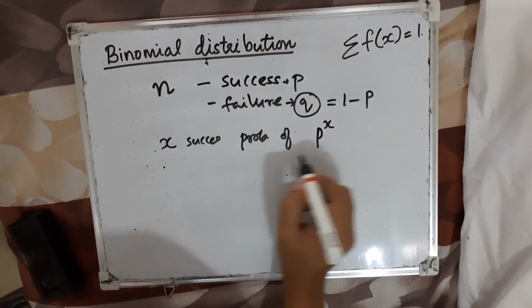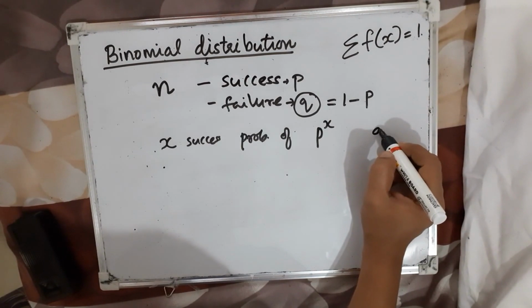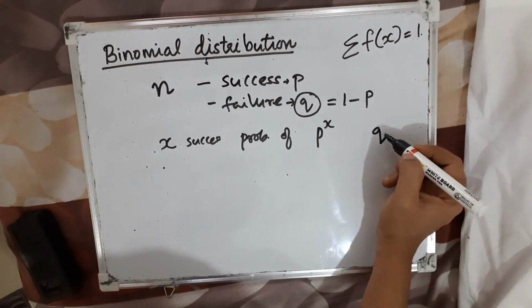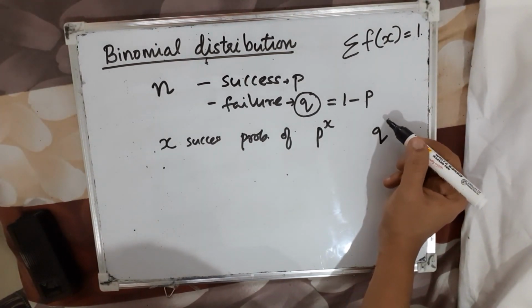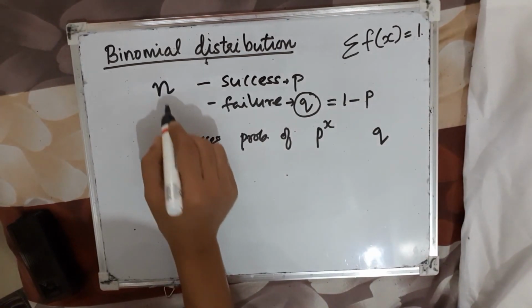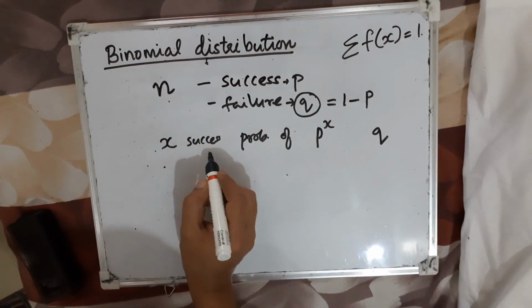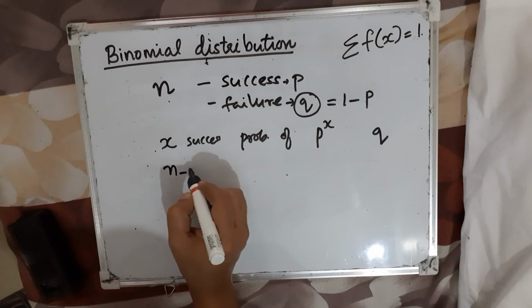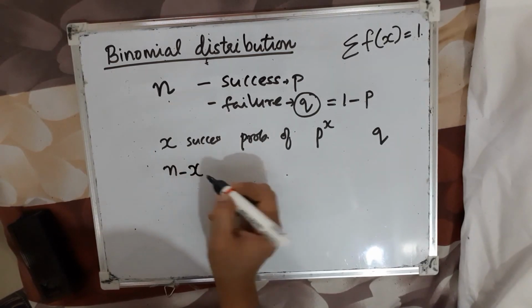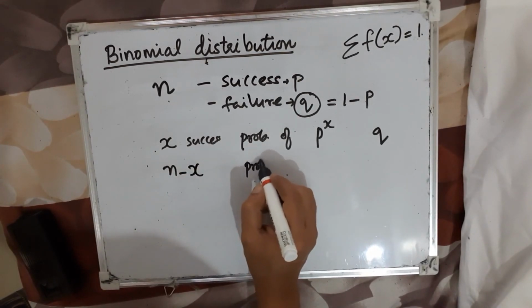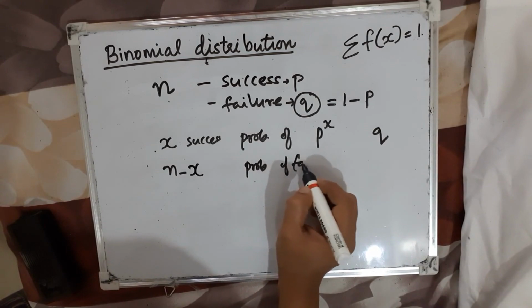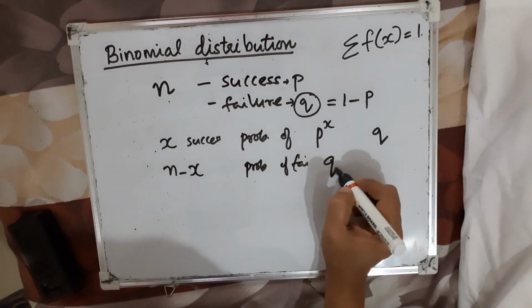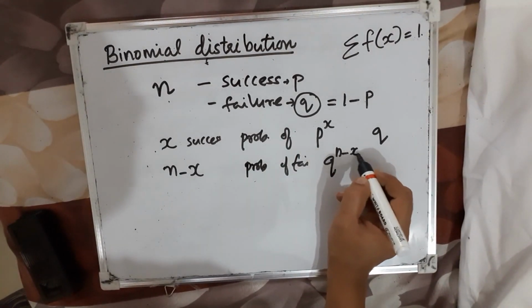Similarly, the probability of failure is q raised to what? Out of n outcomes, x are successes, so the remaining number is n minus x. Therefore, the probability of failure is q raised to n minus x.